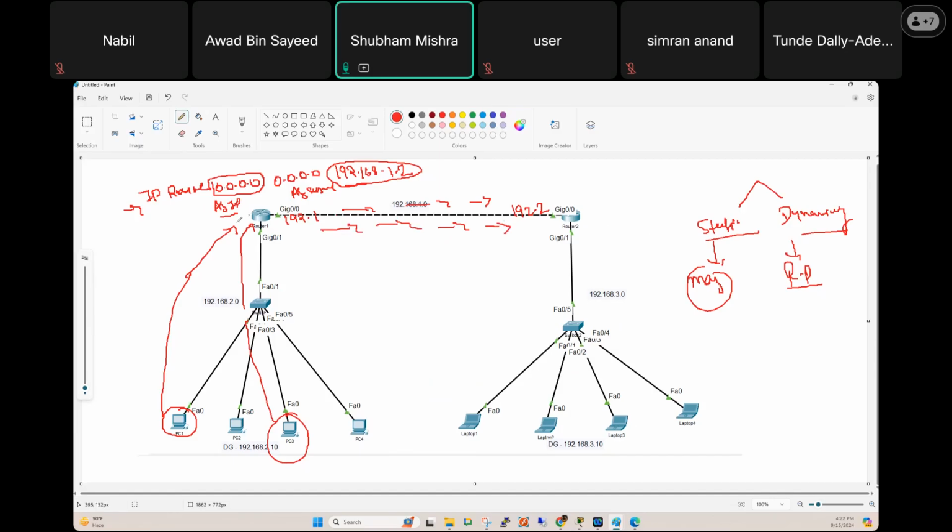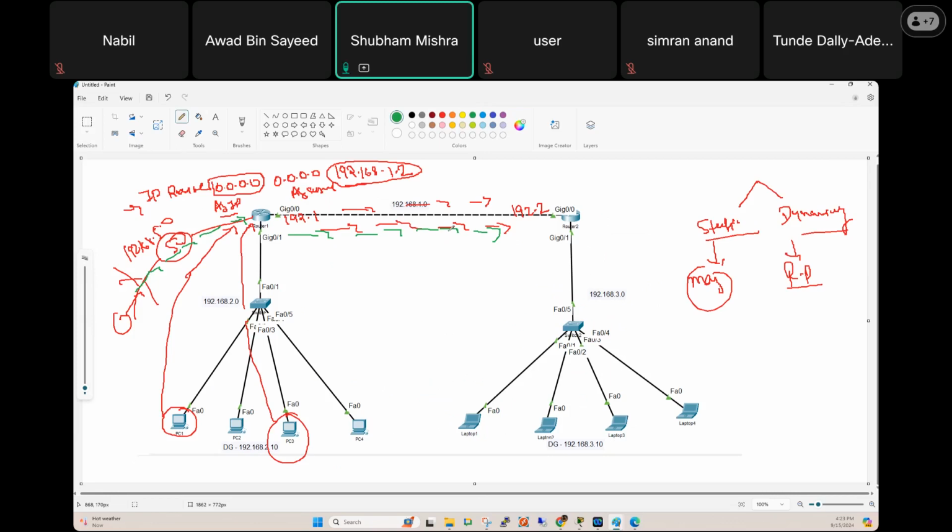For example, there is one more switch, one more network, for example 192.168.5.0 network. This user sends a packet. The packet will reach the router. The router opens the routing table, finds there is one default route, and forwards this packet here. So this is the benefit of the default route. With any network, any route, any subnet, the router always forwards your packet towards the next hop.